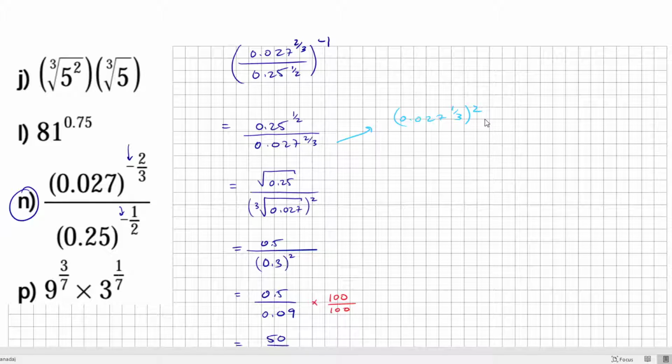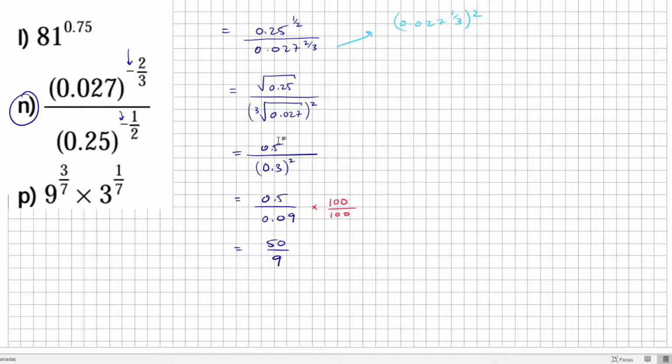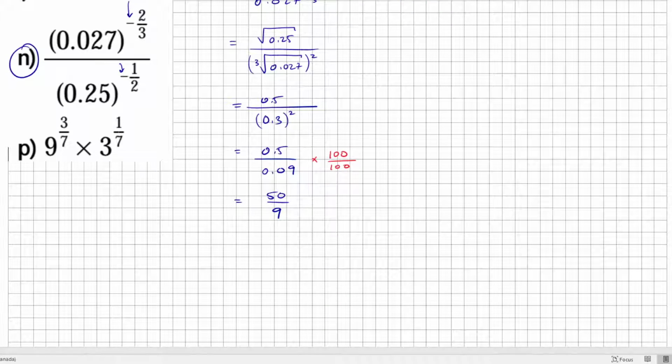I just split up the 2 over 3 into 1 over 3 and 2. So cube root of 0.027, then squared. Okay, and then I ended up with 0.5 over 0.3 squared, 0.5 over 0.09, multiplying by 100 over 100, 50 over 9.